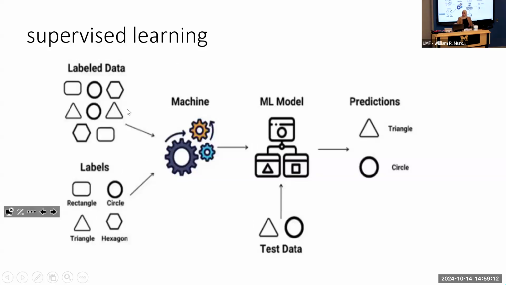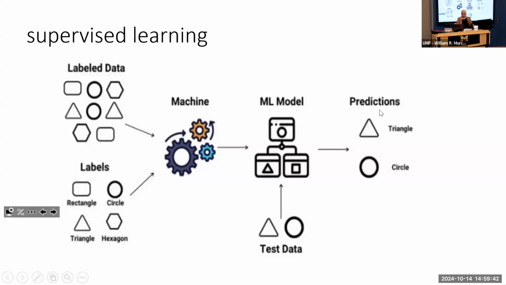Our machine learning model is trained to differentiate between rectangles, circles, triangles, and hexagons. So one example of test data is to come up with shapes similar to those, but in a new way, with different features. Like the circle, I'm going to present it with a different diameter, for example, and ask my machine learning model, what is this?